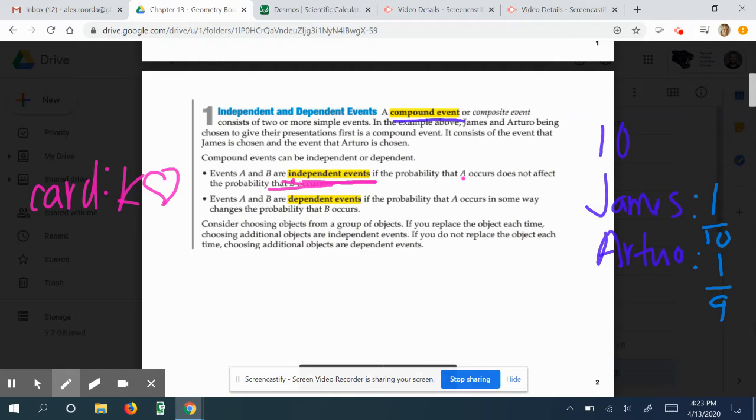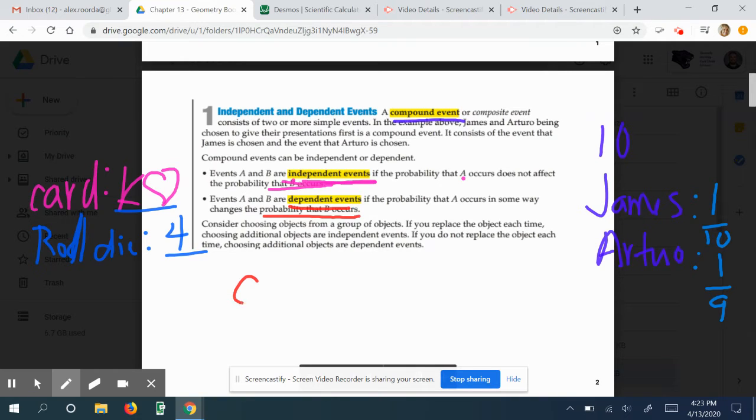And then I'm going to roll a die, right? And so then I want to try and get a 4, right? So the chances of getting King of Hearts or getting a 4 do not depend on each other. Okay, that's called independent.